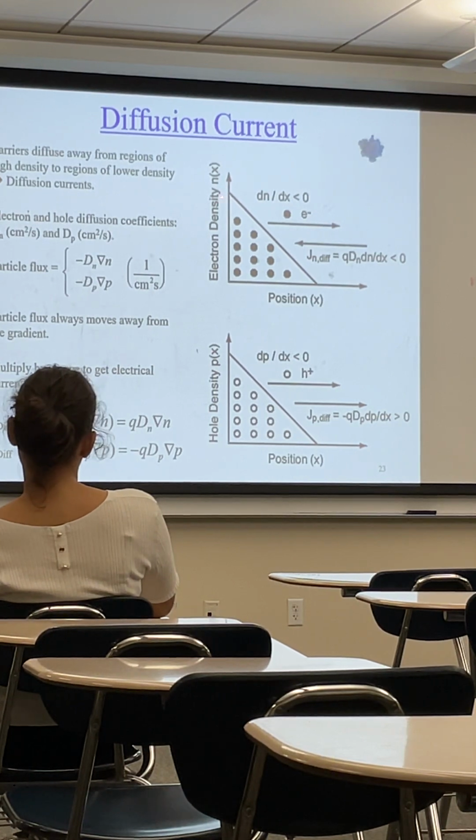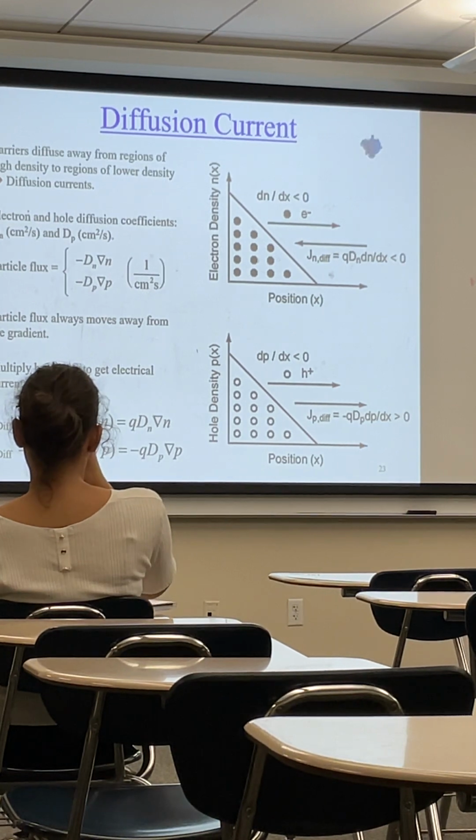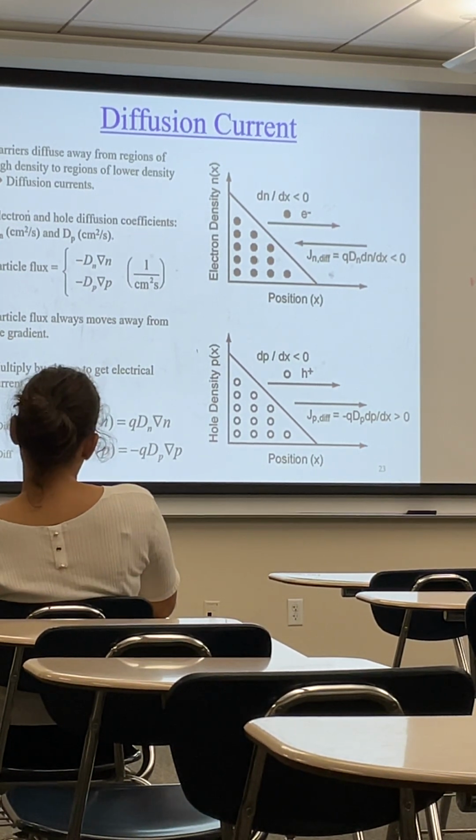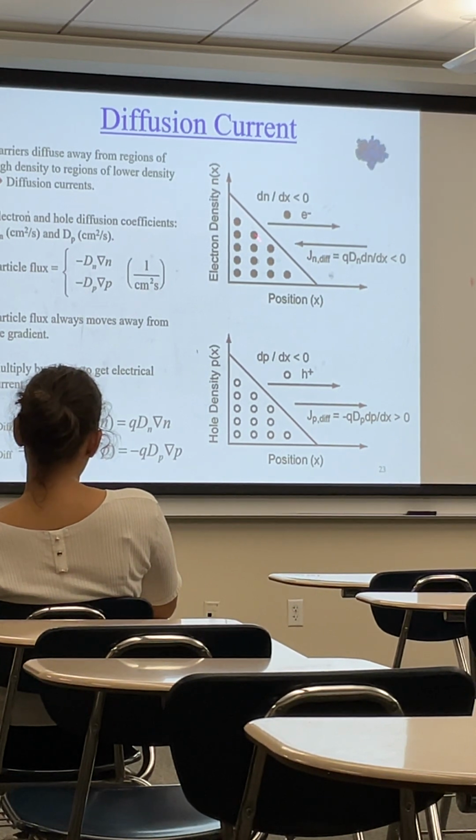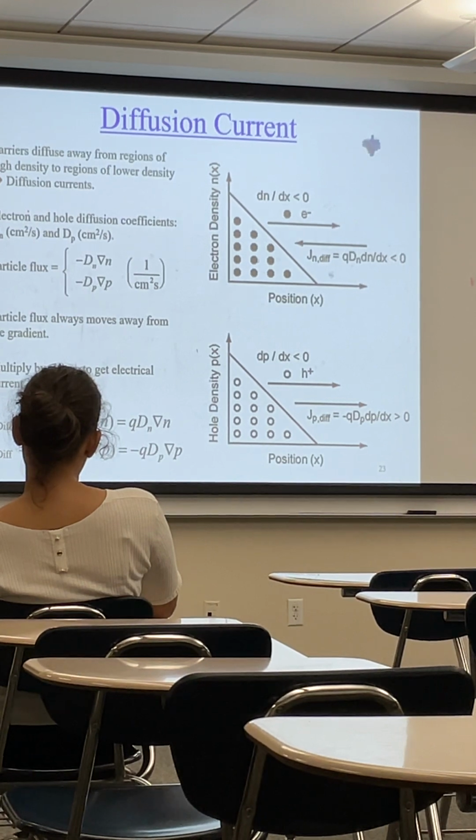Here we are showing the electron concentration is not uniform. It's higher on the left side and lower on the right side. So if there's a gradient in this carrier concentration, then we will have diffusion behavior.